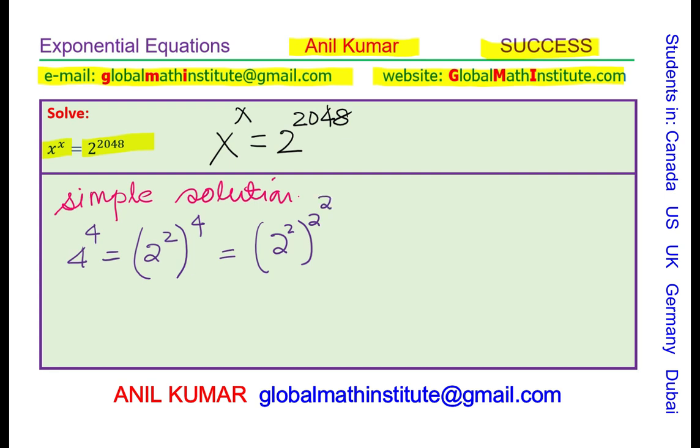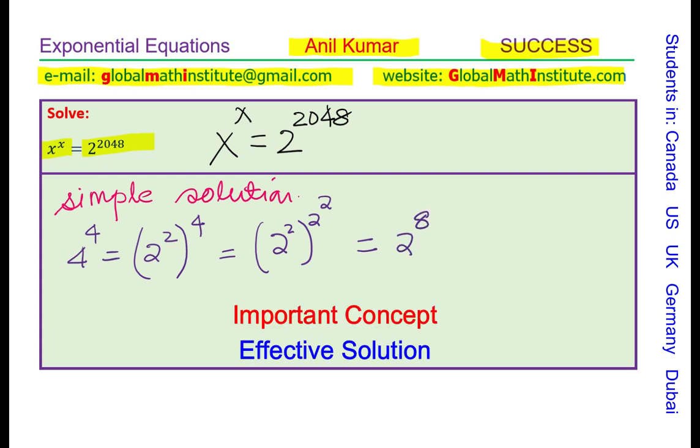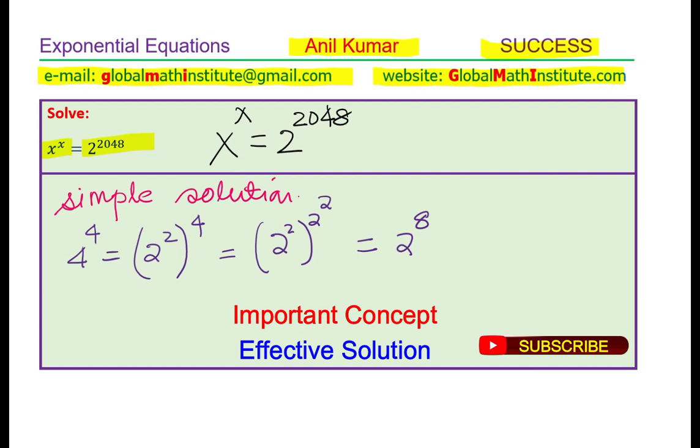Because 4 is also 2 squared. So that means I could write 2 to the power of what? 2 to the power of 8. So, in a way, 4 to the power of 4 could have been written as 2 to the power of 8. You can see how we can go backwards to get this particular solution. You get the idea, right? This is what we are going to do to find our answer for the question.